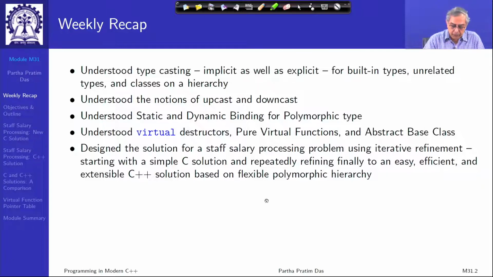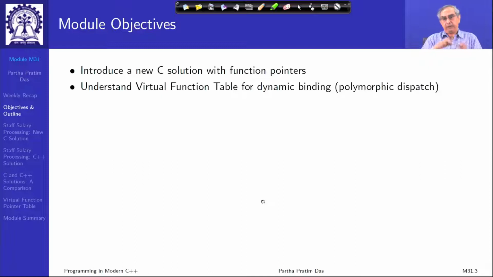So, moving on, we will hover around that itself, but go into more specifics this week, talking first in this module about a new C solution. You will be a little surprised that, having done all sorts of C++ solutions, I am coming back to introducing another C solution, but this one will be unique in that it will use function pointers.